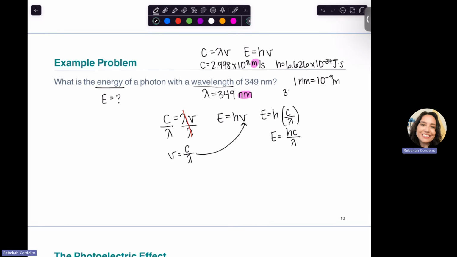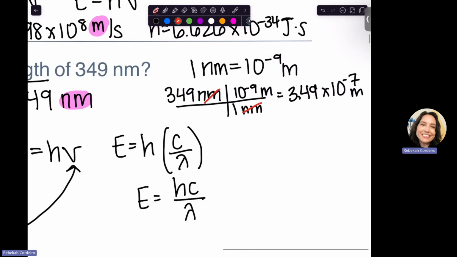So we can take our 349 nanometers and say 1 nanometer is equal to 10 to the negative 9 meters, and that will give us 3.49 times 10 to the negative 7 regular meters. We cancel out our nanometers over there. So there's the dimensional analysis.